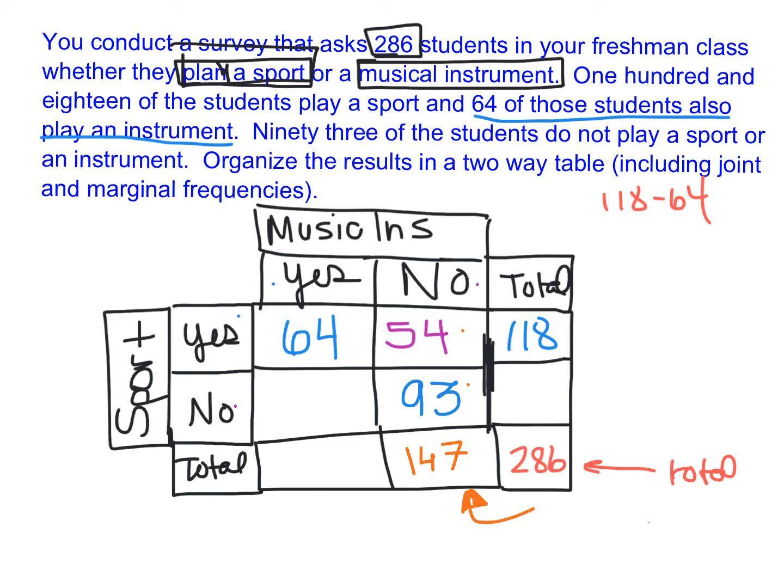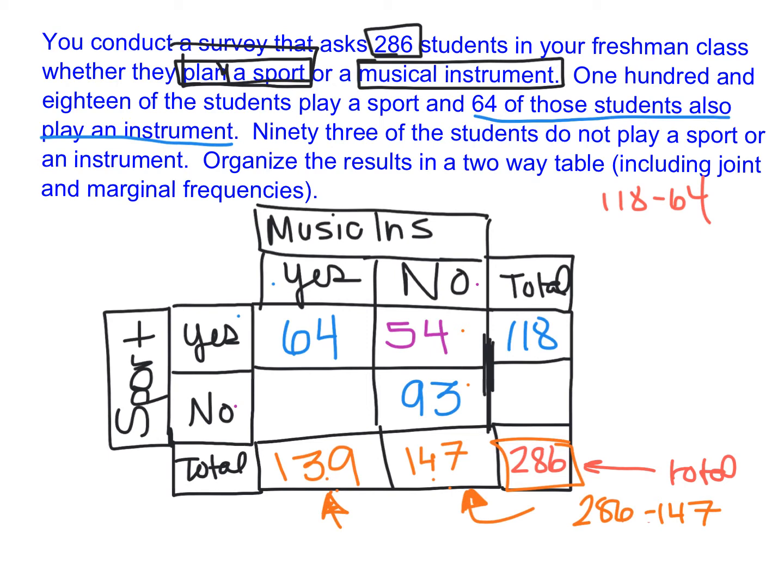Now, because I filled in that box, I'm able to focus on this one next, because my total number of students, the number that play an instrument and the number that don't, need to add up to 286. That has to be a fact. So what I can do is take 286 and subtract out that 147, which leaves me with 139 students that I know play a musical instrument.